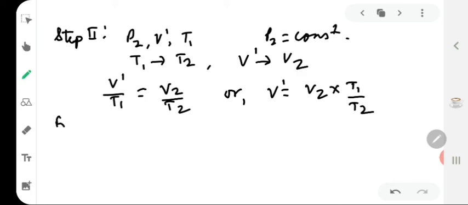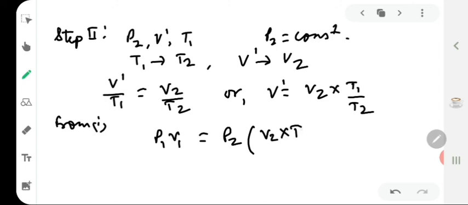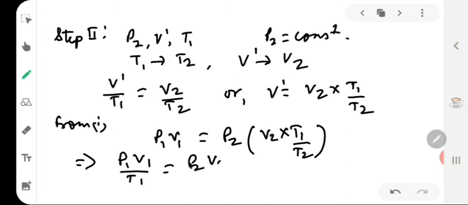Now from equation 1 we can write down P1 V1 equal to P2 and in place of V dash we can write down V2 into T1 by T2. So that gives us P1 V1 by T1 equal to P2 V2 by T2.